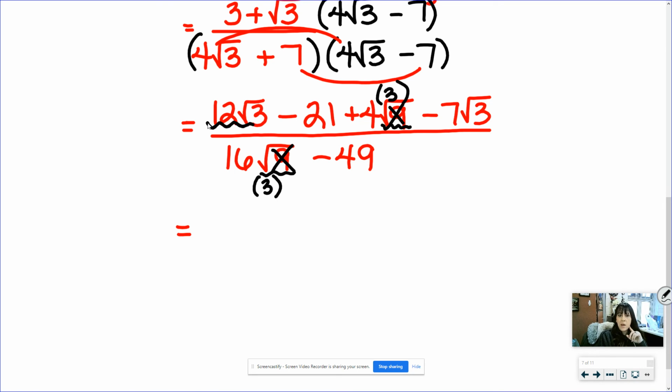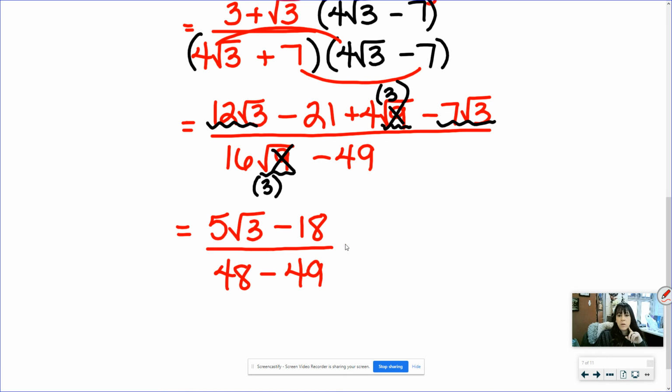And then I also have like terms on the top. So the like terms would give me 5 radical 3. And then negative 21 plus 3 would be negative 18. On the bottom, I have 16 times 3 is 48 minus 49.